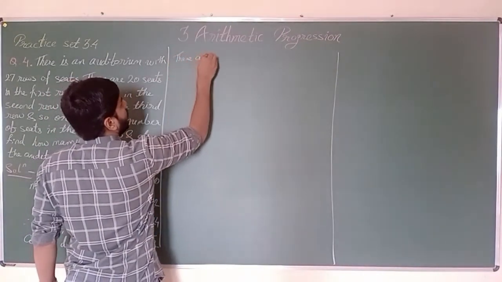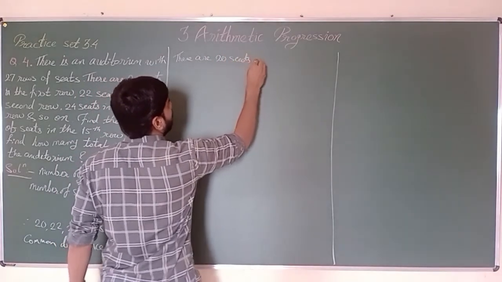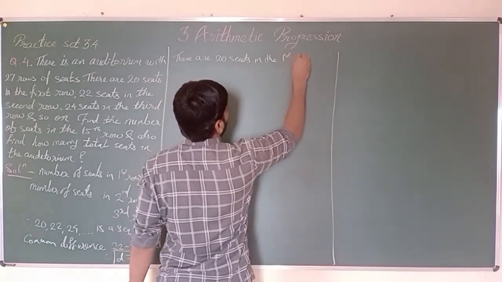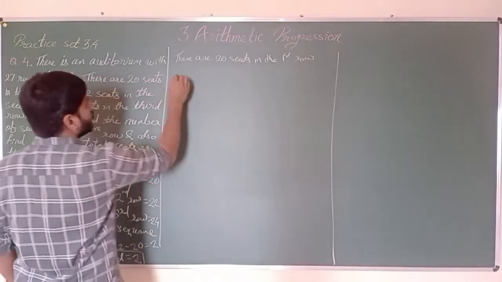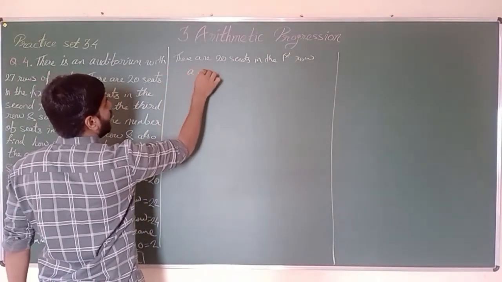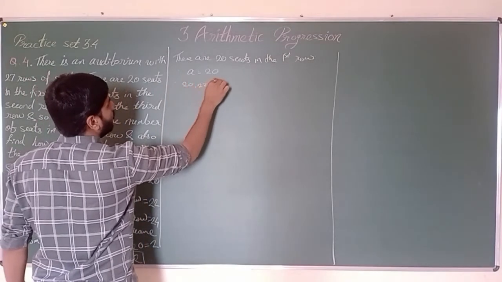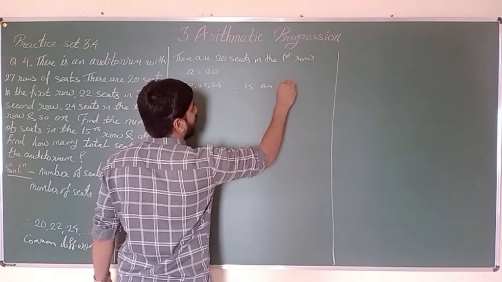There are 20 seats in the first row. Therefore a is equal to 20. Therefore 20, 22, 24 and so on is an arithmetic progression.